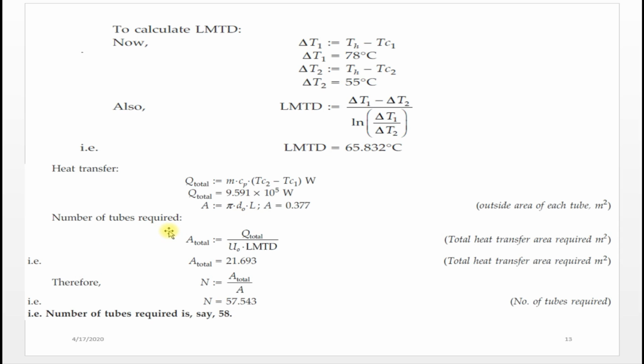For that, Q total we know already from this equation. Q total is equal to U A LMTD. For Q total, area will be A total, U naught into LMTD. So you will get the total area of n number of tubes as 21.693 meter square.